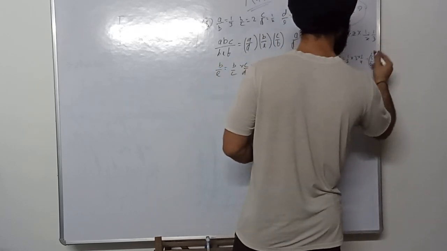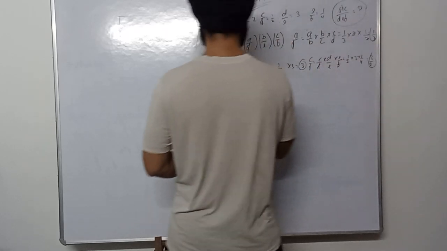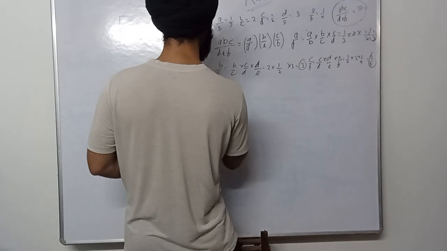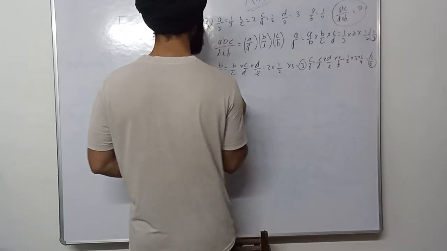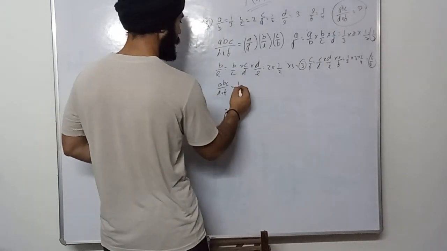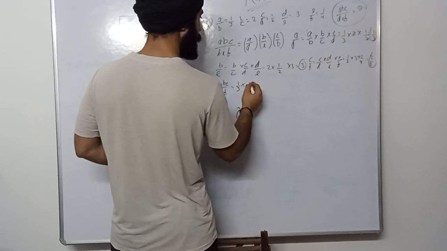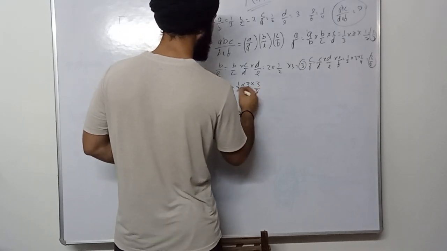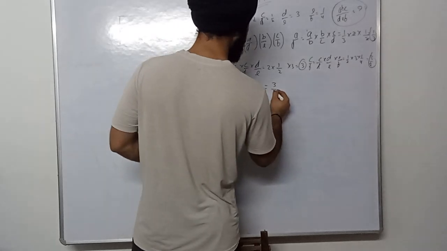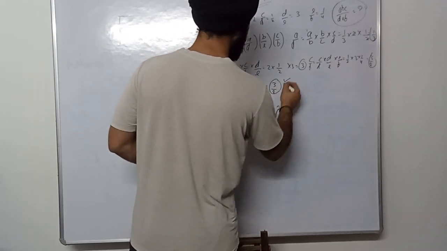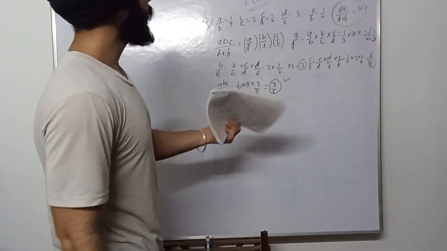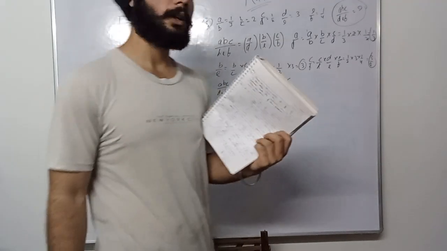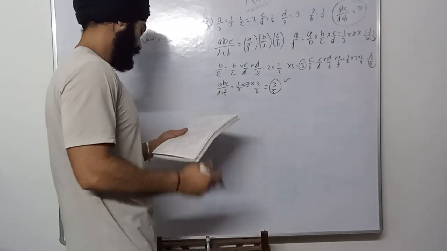So A, B, C, D, E, F is equal to 1 by 3 into 3 into 3 by 8. So the exact value is 3 by 8. This is the value of ABC divided by DEF is equal to 3 by 8.